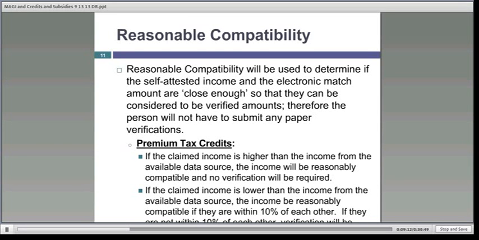So the self-attested number and the number from the data source need to be within 10% of each other for somebody to be considered eligible without having to submit further paper verification. If they're not within 10% of each other, then paper verification, a VC1 request, which I'm sure many of you have seen, will continue to go out to request that information.